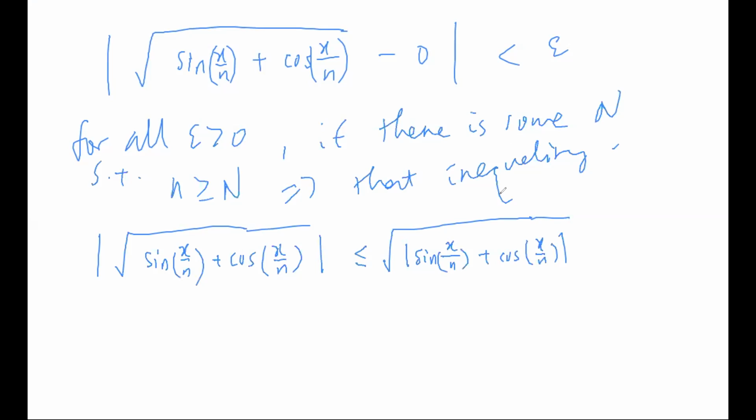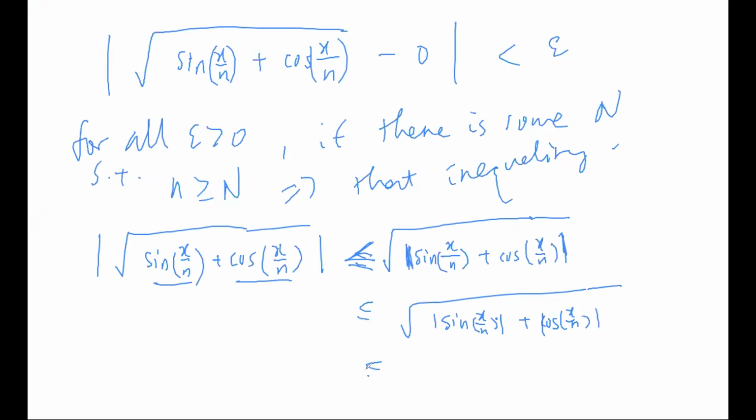In fact, this will be further bounded by the following, because this one can be positive or negative. So this part here, you have to bound it from above with this, and then you bound it further with this.